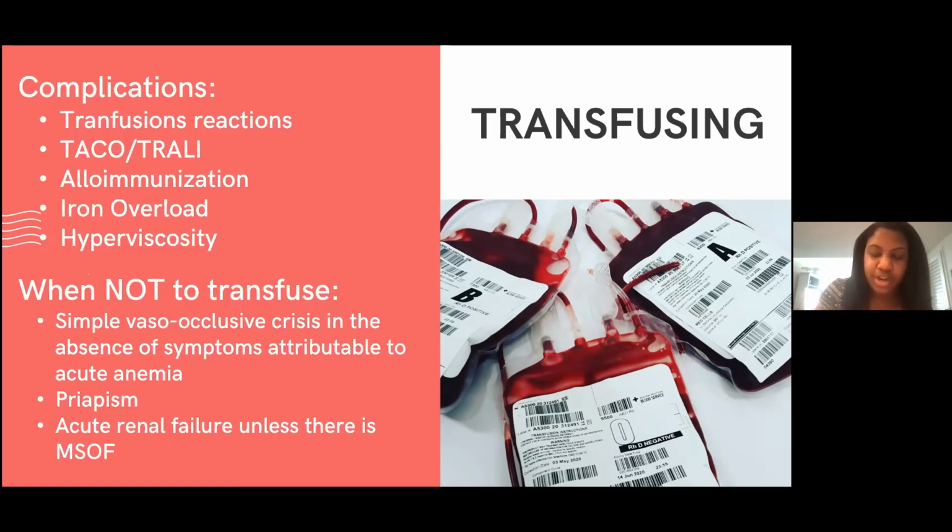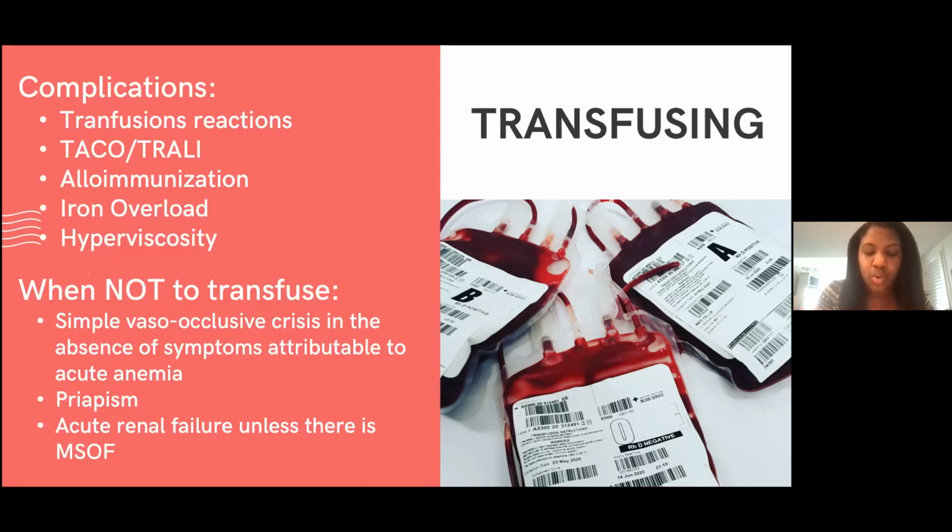That can actually result in more sickling and trigger or worsen a vaso-occlusive crisis. So it's similar to our patients we see on the hemonc service with very high white counts. These are very sticky. We want to be careful with transfusing these patients.